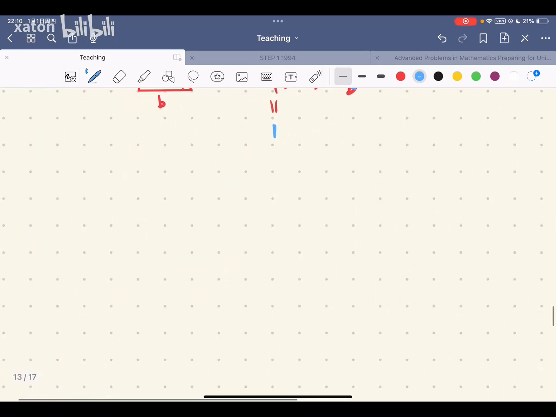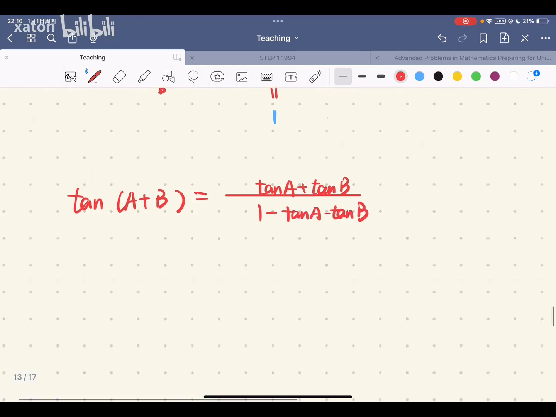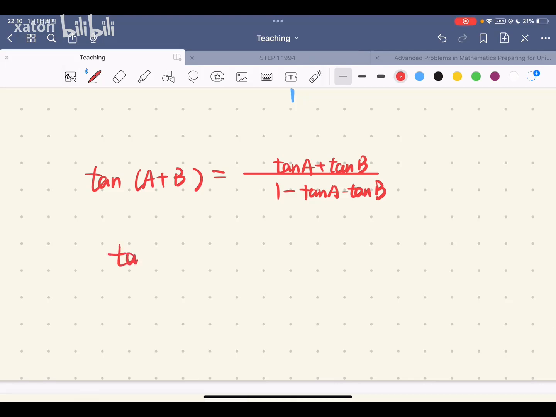The other property is how to expand tangent of a plus b. This is tangent a plus tangent b over 1 minus tangent a times tangent b. A typical result, and a special case is tangent 2a.